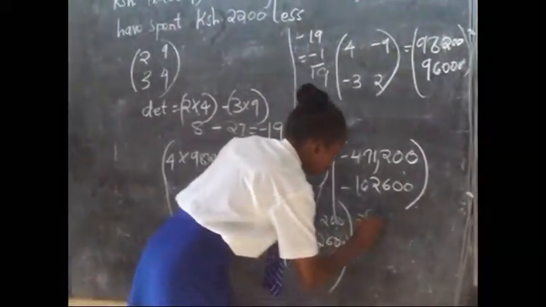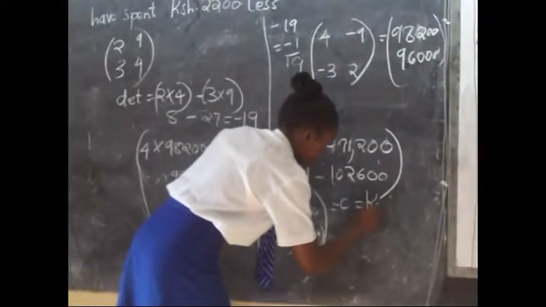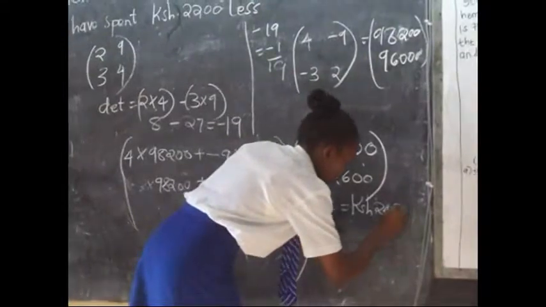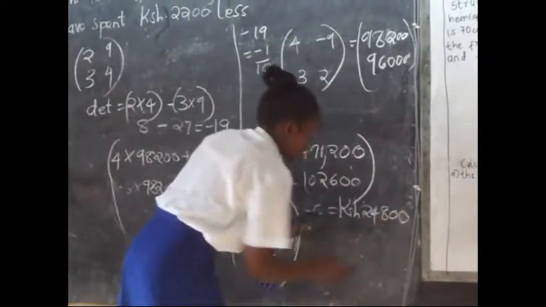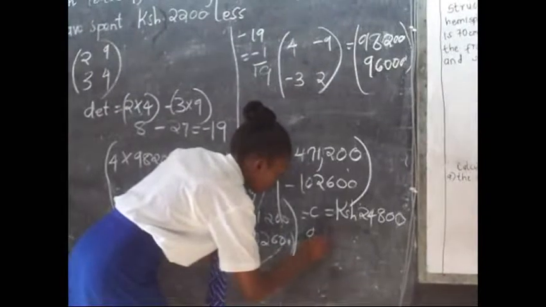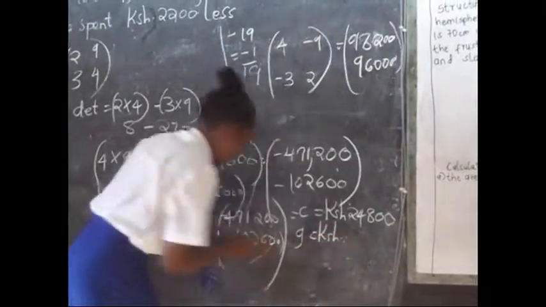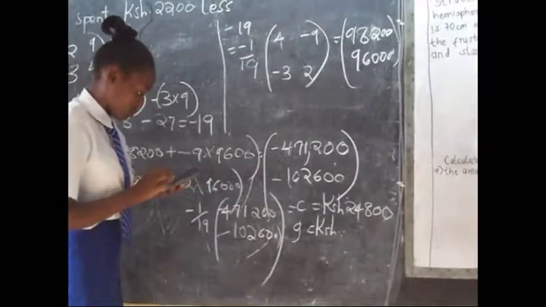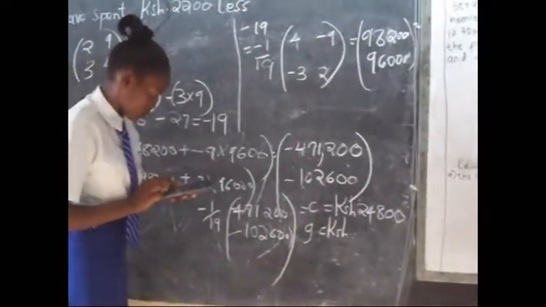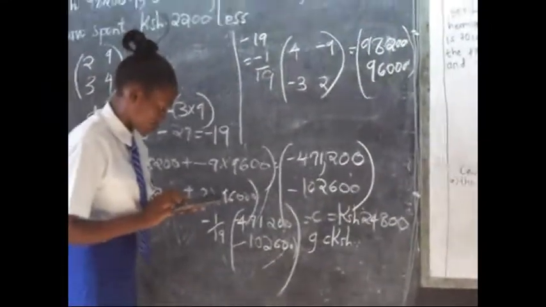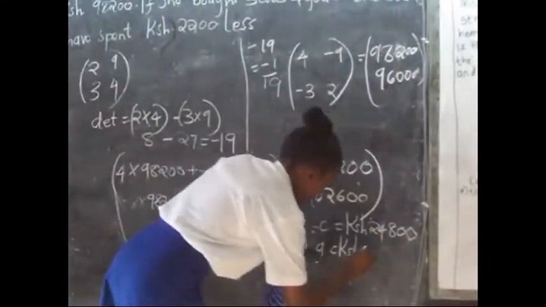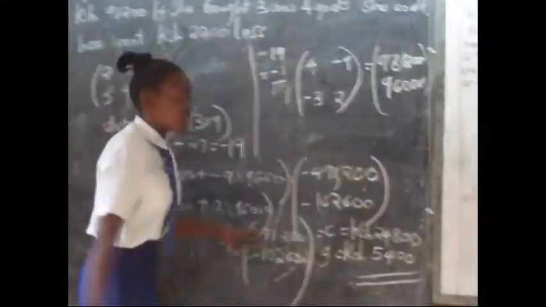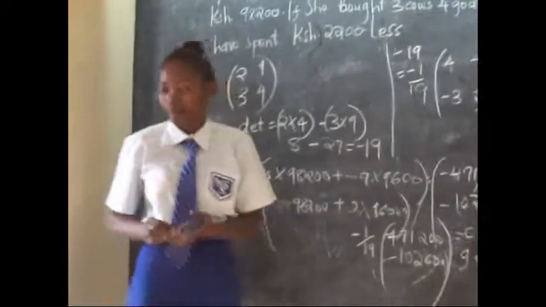The cost of the cow will be 24,800, and the cost of the goat will be 5,400. This will be our answer in B.